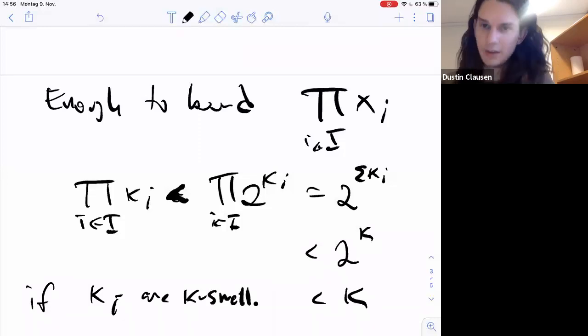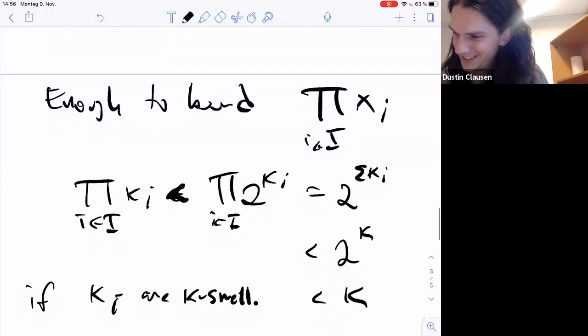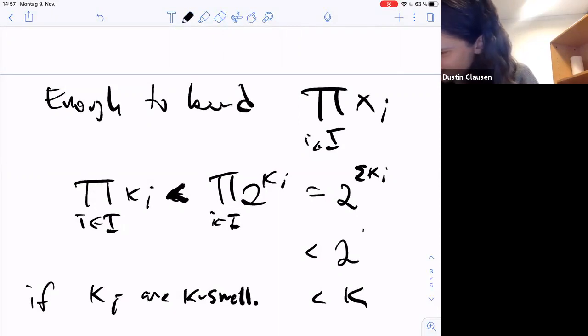You wrote less than 2 to the kappa, and then you wrote less than kappa. So the last inequality is definitely wrong. Oh, I'm so sorry. Thank you. Yes, less than something less than kappa. Some, I don't know what to call it, lambda strictly less than kappa.